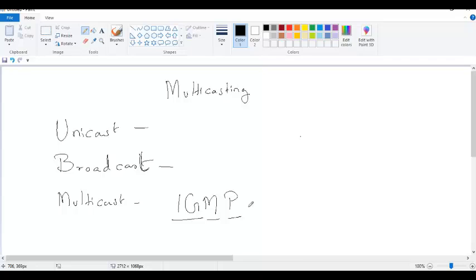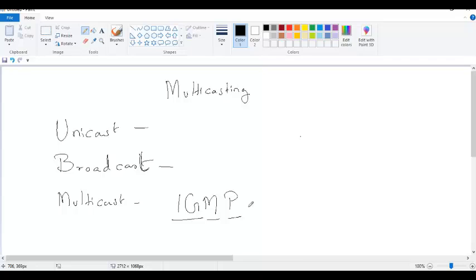Multicast addresses are to identify a group. Multicast addresses are not the primary address of any device. You need a host address which is already there on the interface.